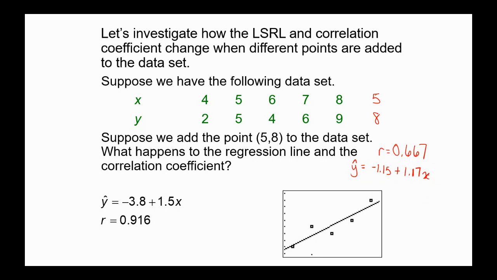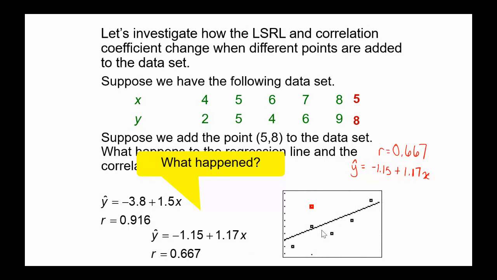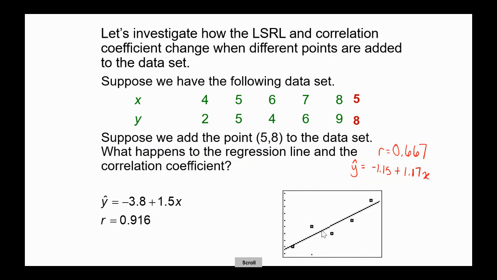So that's our new result when we added the point 5, 8. Even if you're writing it down, pause for a second and watch the graph up on the slide. Here's our current scatter plot and regression line, and now we're going to add 5, 8 to it. What happened to the line?